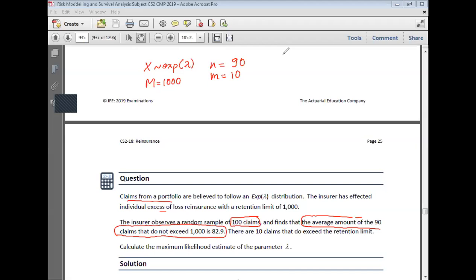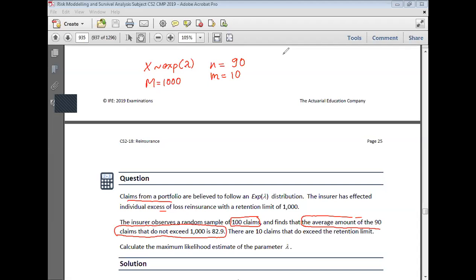I think what Savri said would be right, because this is like the X bar only, but the number of claims that we are considering will be 90 instead of the whole sample. Yeah, okay, that does make sense.